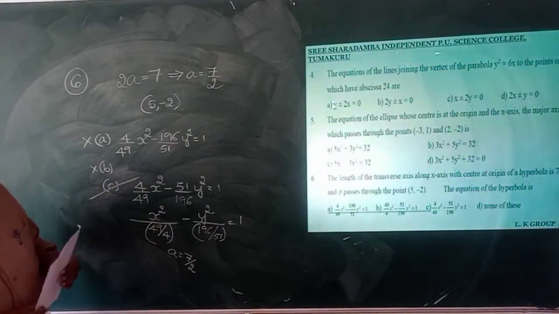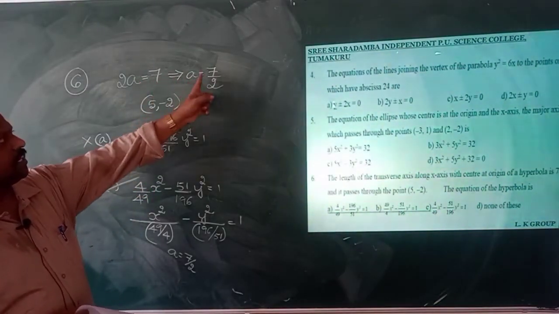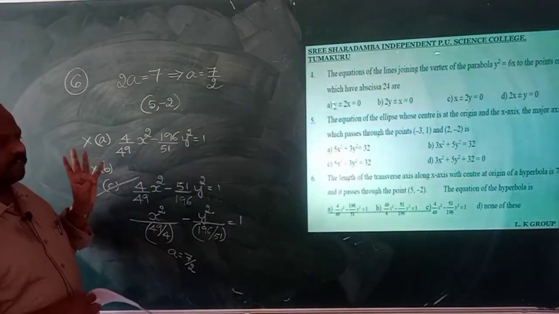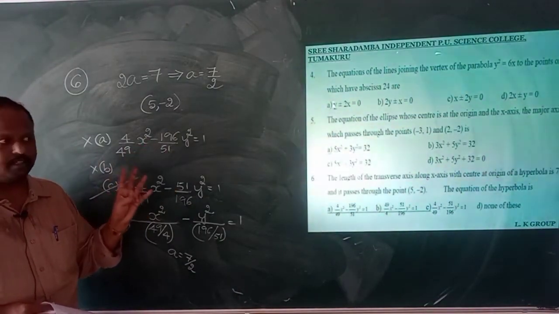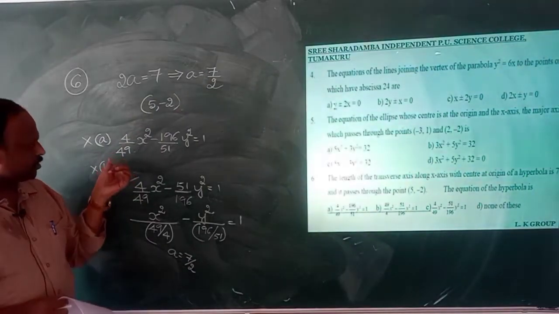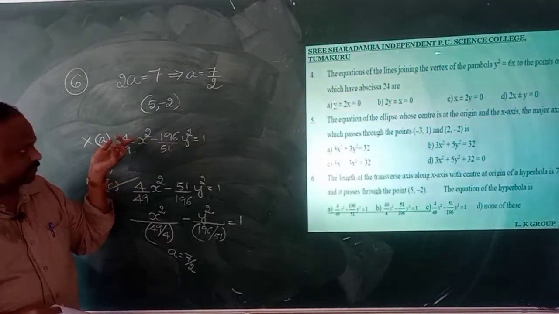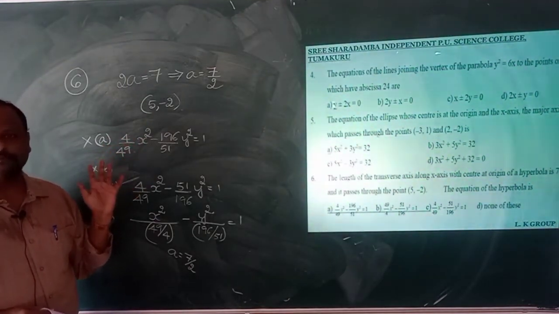I will repeat once again. Length of transverse axis 2a is equal to 7, a is equal to 7 by 2. Passing through a point is given. Whenever passing through a point is given, you should substitute. That is one, and you should find out a is equal to 7 by 2. So here a is equal to 7 by 2, but it will not satisfy. Whenever it is not satisfying the equation, that is not the answer.